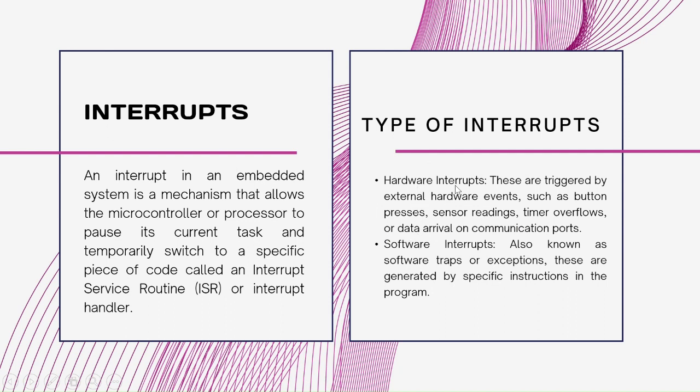Hardware interrupts are triggered by external hardware events such as button presses, sensor readings, timer overflows, or data arrival on communication ports. Software interrupts are also known as software traps or exceptions. These are generated by specific instructions in the program.